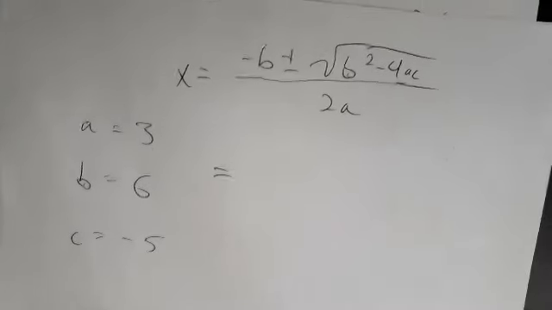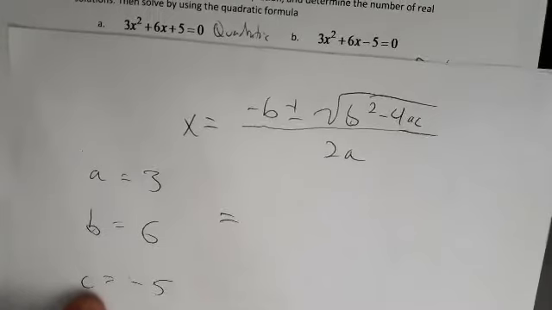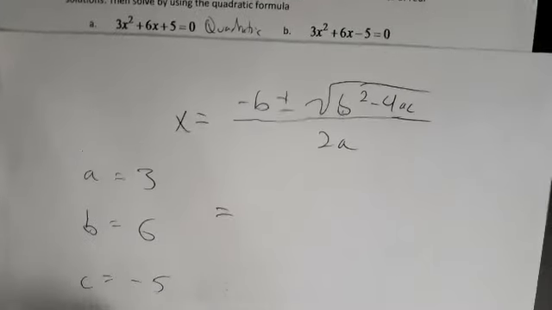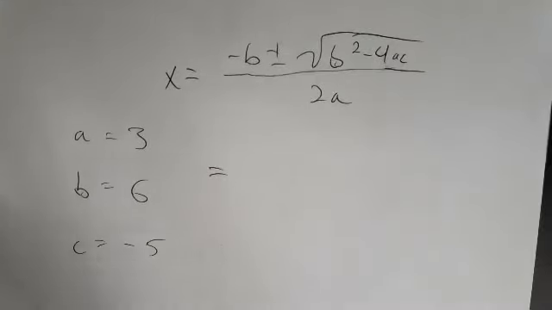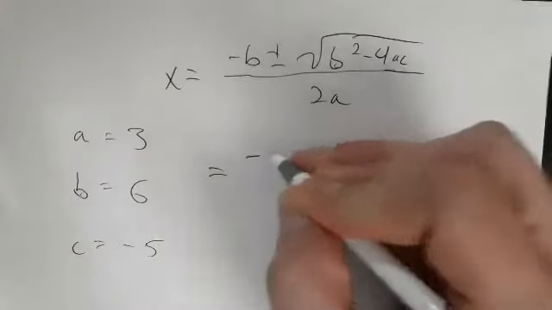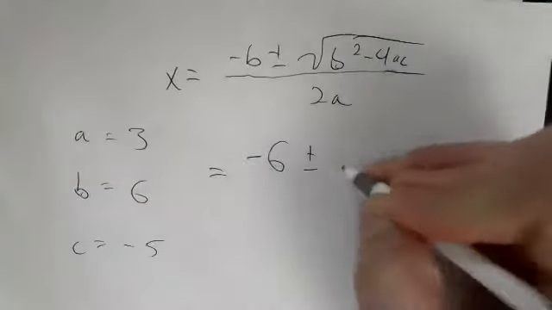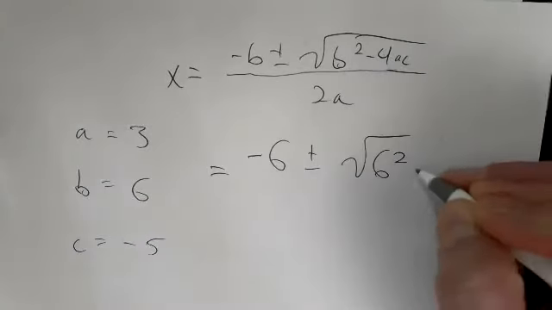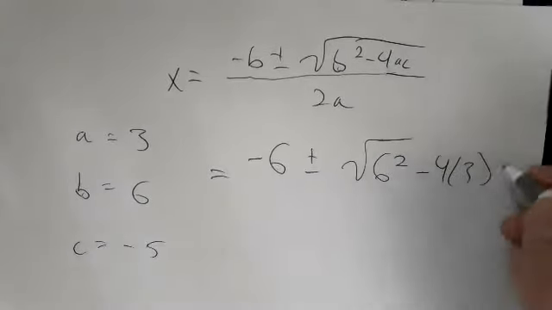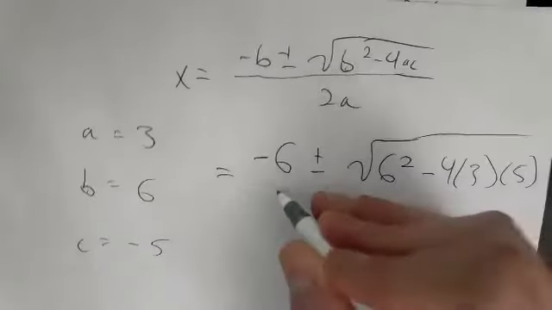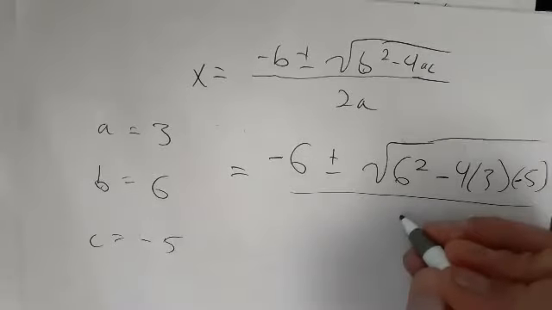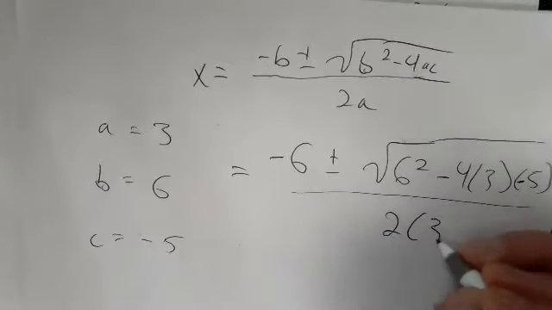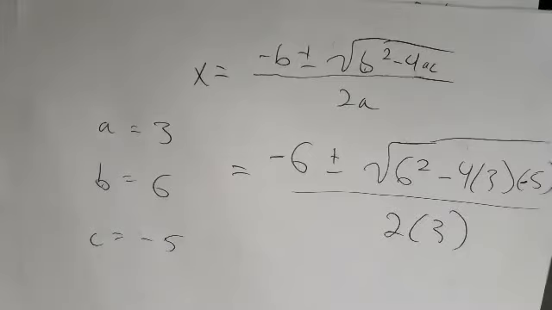So how does this one differ from the first one? I think it's just by a negative sign, huh? We're switching the C to a -5 now. Yeah, it's very similar. So we're starting off with a negative B as in -6, B squared, 6 squared, minus 4 times A times C. 2 times A is 2 times 3.